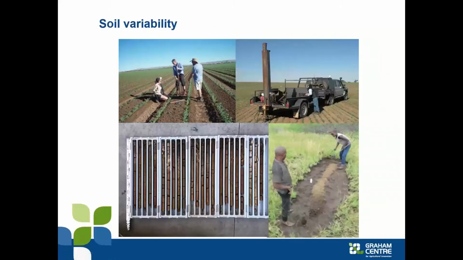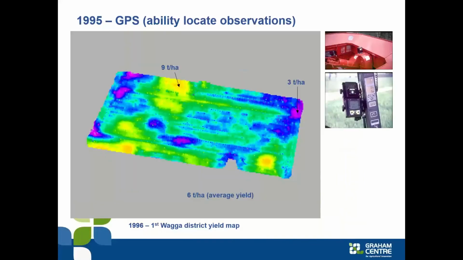As well as those sorts of visual crop effects, anyone who's been in a paddock with a shovel or a soil sampler and taken soil cores knows that finding a uniform soil is relatively difficult to do. Soils are inherently variable in the Australian landscape, and for decades and decades, researchers, farmers, and agronomists were trained essentially on how to sample paddocks on an average basis to try and counter for the variability that's just naturally occurring in the landscape.